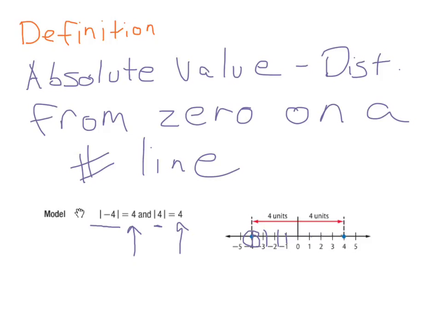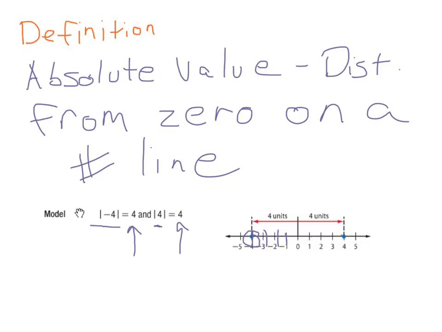So absolute value, what do you do? How do you use it? Essentially what you're doing when you're using an absolute value in an equation is you are finding out the positive value that tells you its distance, the distance of a number, from a specific spot. And that specific spot happens to be 0.